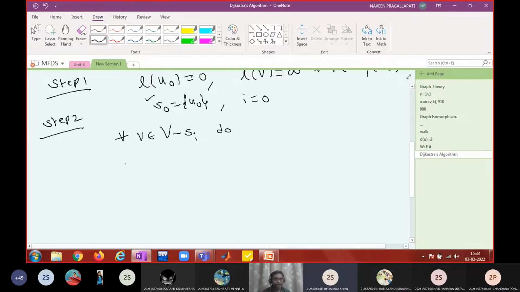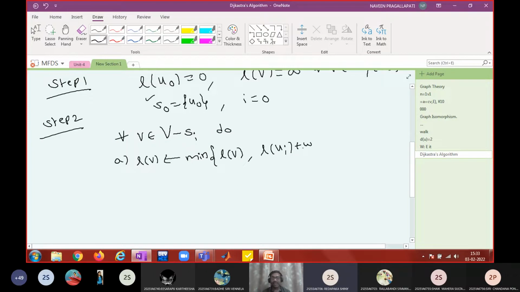First one, assign L of v value as minimum of L of v, comma, L of ui plus the weight. Now it is not about the distance.